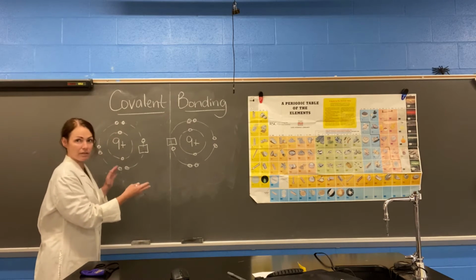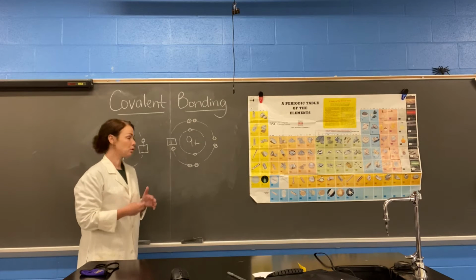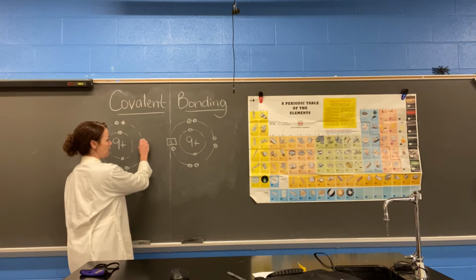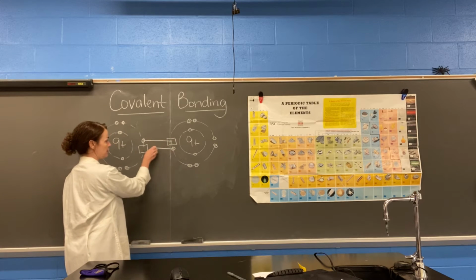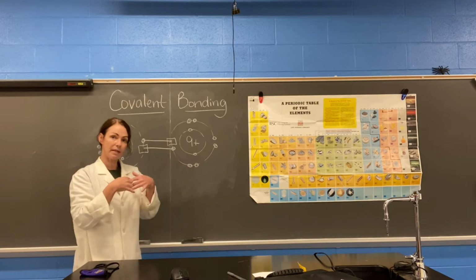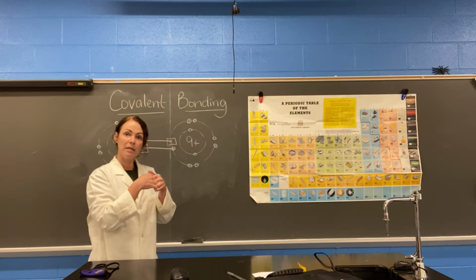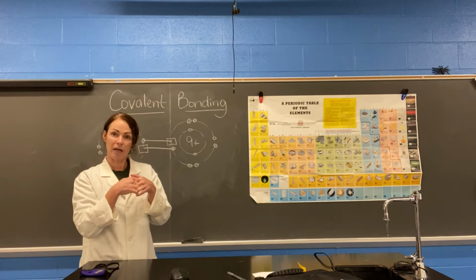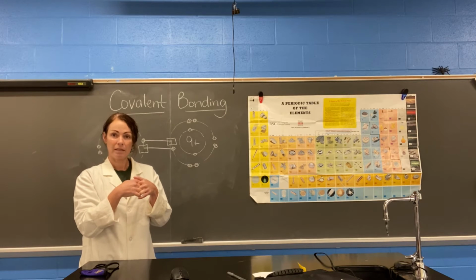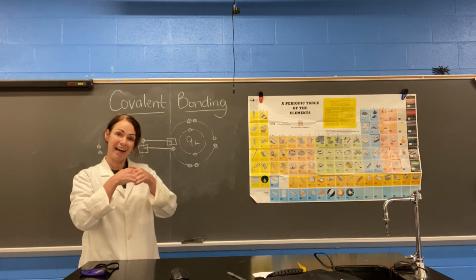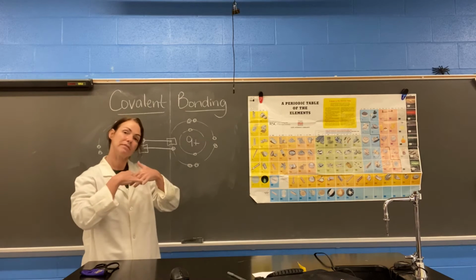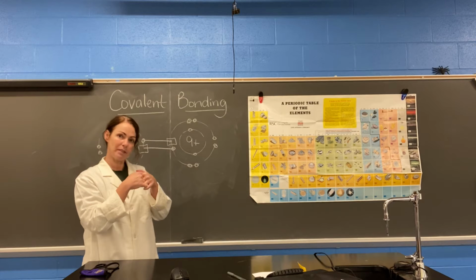If fluorine gets close to another atom of fluorine, they can share. And that means that this electron shares here and this one shares here. And as long as they are sharing those electrons, each of them behaves as if it has an outside energy level that's complete. But because that's happening, they have to stay together because they're sharing. They can't share far apart. They have to share by being connected to each other.